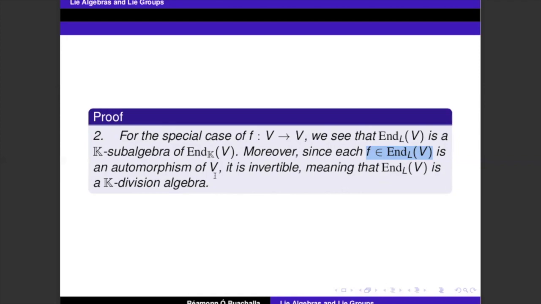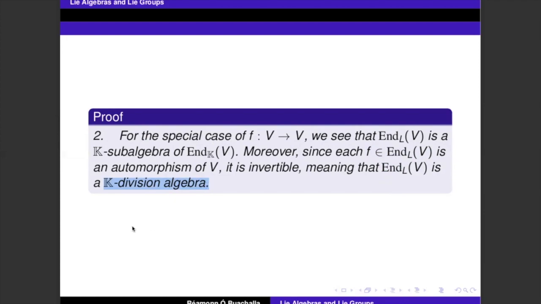Because it's an isomorphism from V to V, which is to say it's an automorphism. That means in particular it's invertible, you can always invert a bijective linear map. And that means then that every element of this subalgebra is going to be invertible on the right or on the left, which is to say it's a K division algebra. That's it. It's as simple as that.